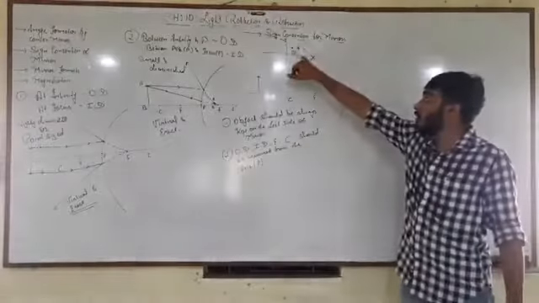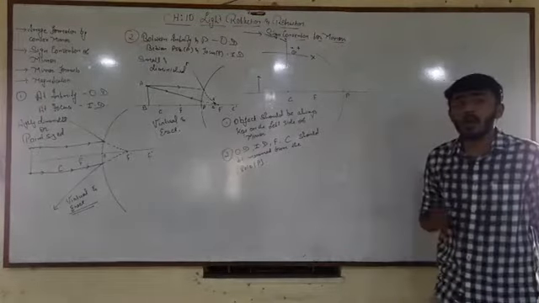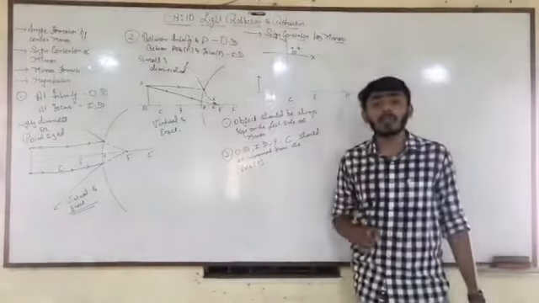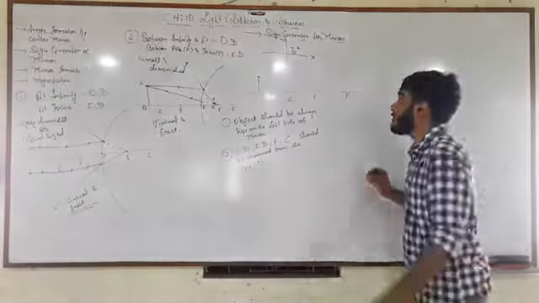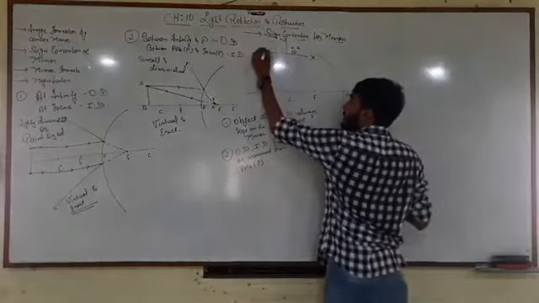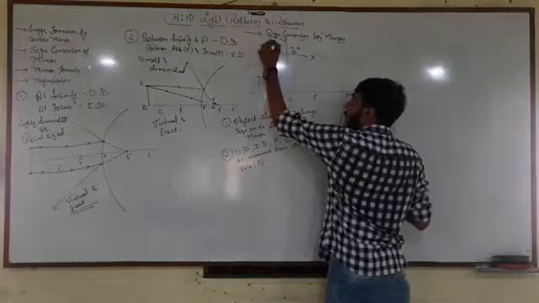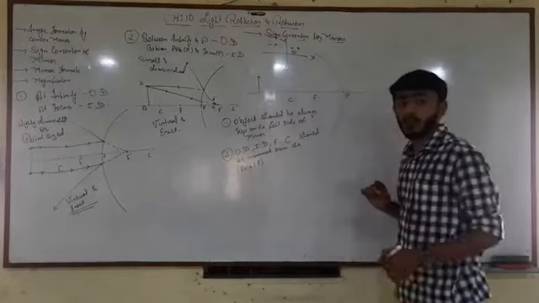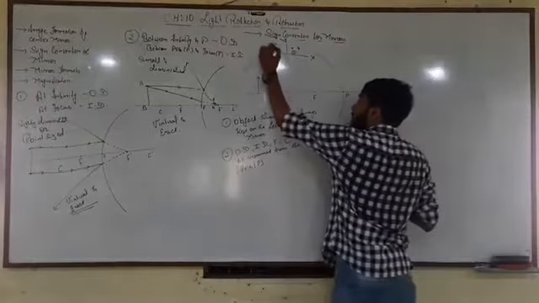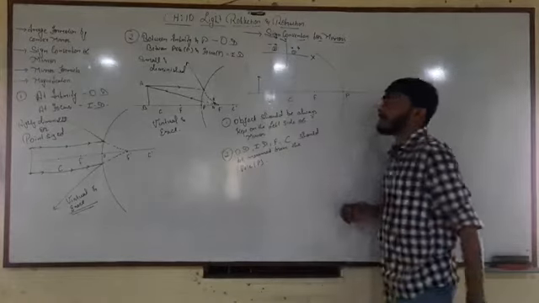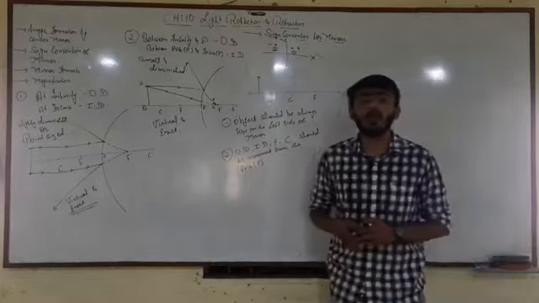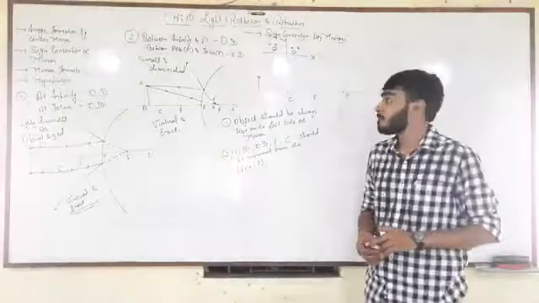In the first quadrant everything is positive. On the second quadrant the x-axis is negative but the y-axis is again positive, and this will be our second quadrant.